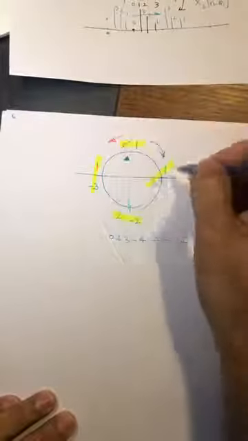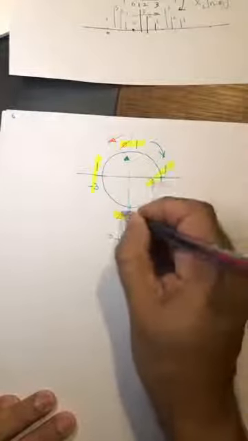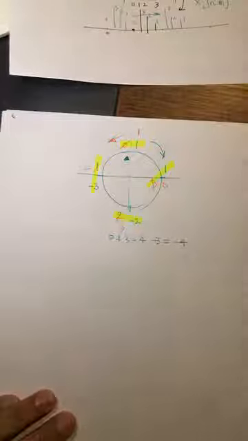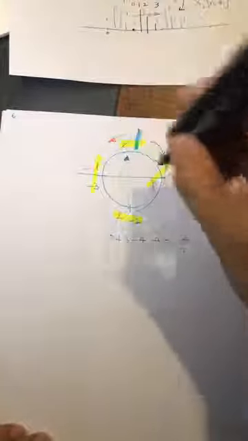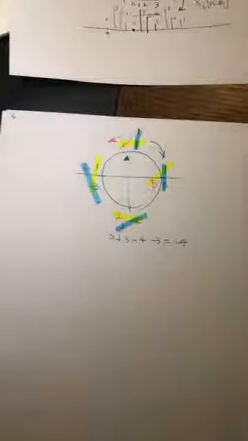This 0 will come here, this 3 will come here, this 2 will go here, and this 1 will come here. And now you need to multiply 1 with 1, 0 with 1, 3 with minus 2, and 2 with minus 3. Okay, so this is our next answer.